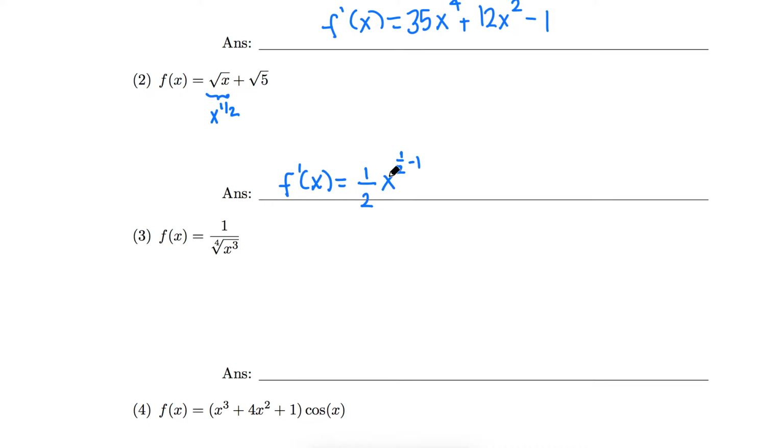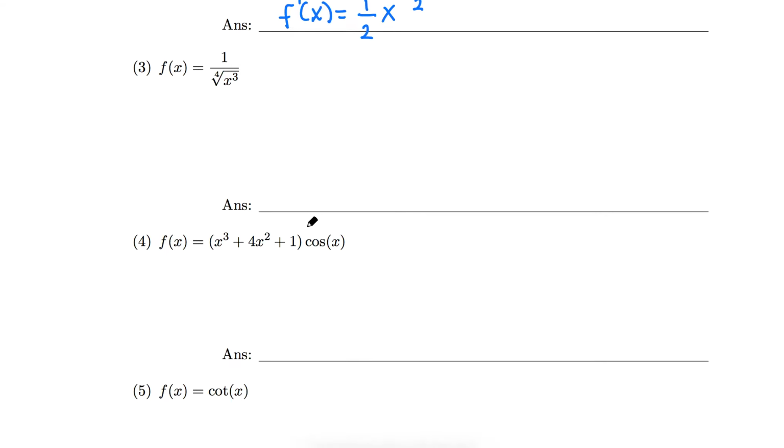So, negative 1 over 2. So I will write that in a little bit. Derivative of square root of 5. Well, 5 is a constant number. Square root of a constant number is still a constant, and derivative of a constant is 0, so we don't have to write it. And let me go ahead and put negative 1 over 2 for the power here.